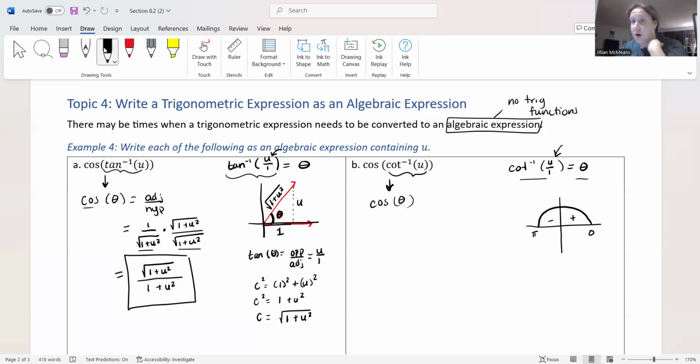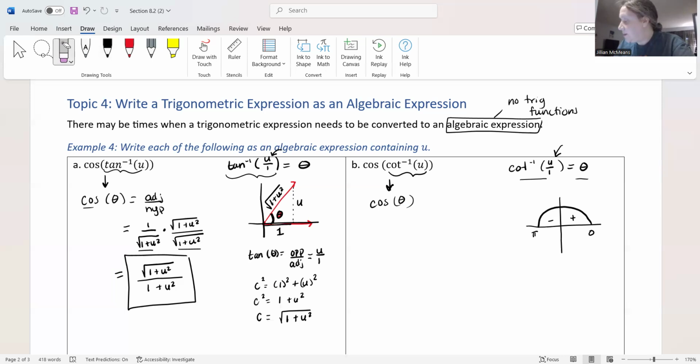So we need to draw a triangle. We're going to draw this angle theta in quadrant 1, build a triangle based on that, use the ratio for cotangent, u over 1, to find the missing sides, and then we can go back to cosine.